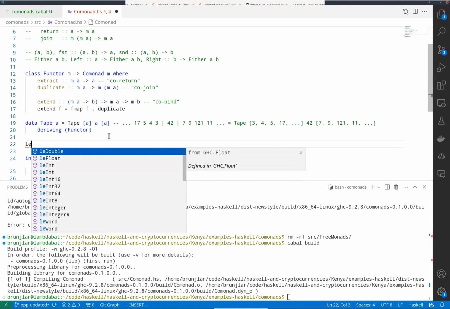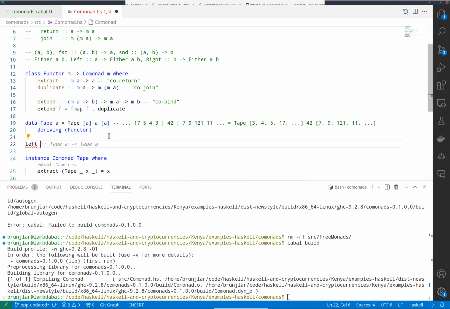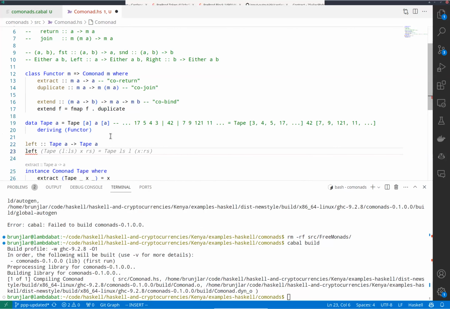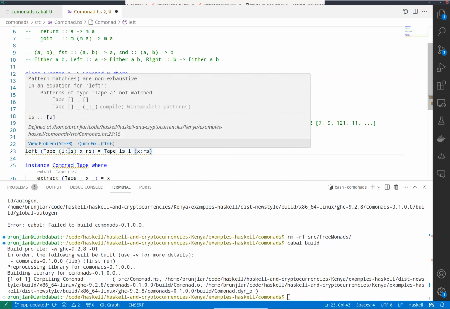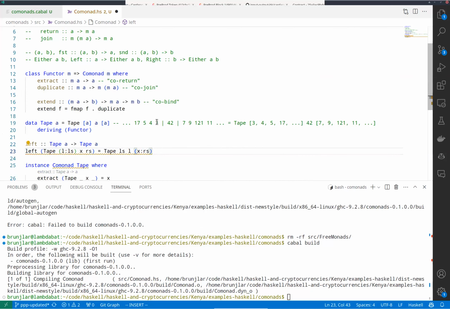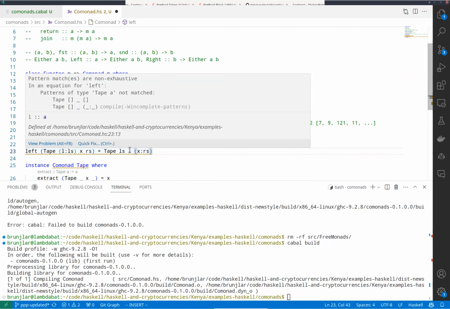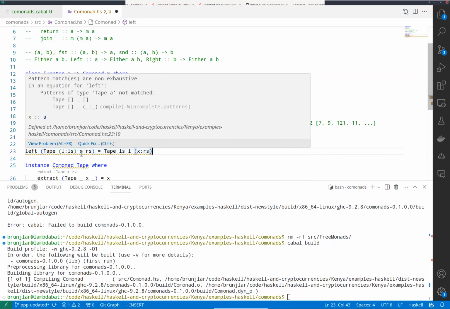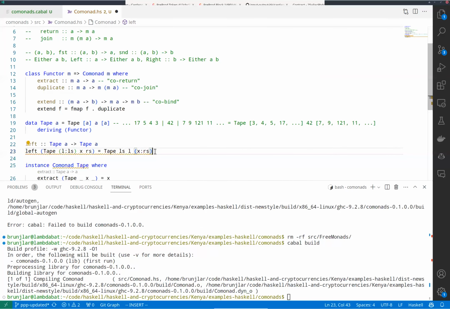So let's call it left, from tape to tape. We have the elements on the left of the focus and the elements on the right. Now the first element on the left, this L, becomes the new focus. The others shift accordingly, and the element that used to be in focus, the X, is now on the right.